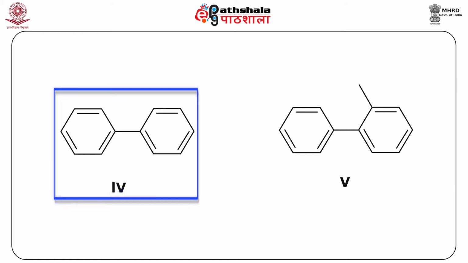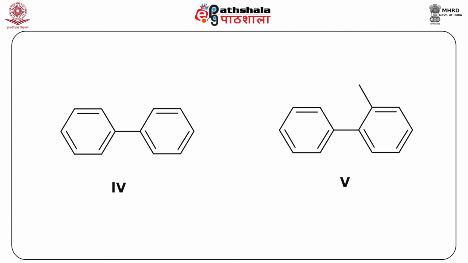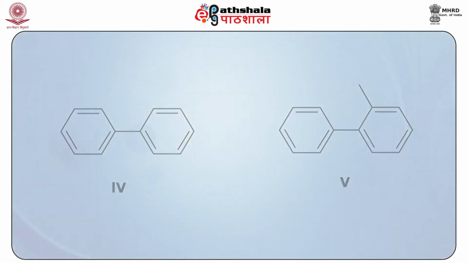Biphenyl numerically has a lambda max of 250 nanometer with a molar absorptivity of 19,000, and comparatively 2-methyl biphenyl, as shown, has a lambda max at 237 nanometer with a molar absorptivity of 10,250. I hope now you can appreciate the difference between the two structures and the coplanarity and its importance.